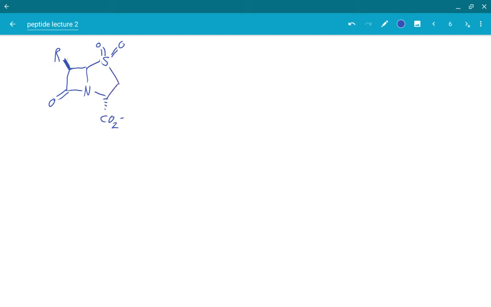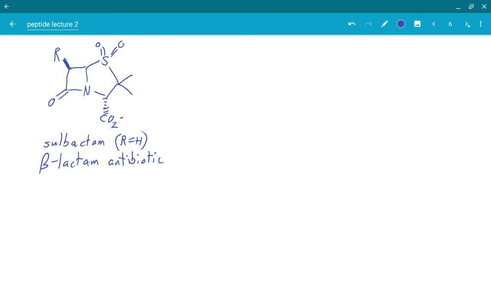So this one is called sulbactam, at least when R equals H. This is a beta-lactam antibiotic, right? So it also hits a serine protease.